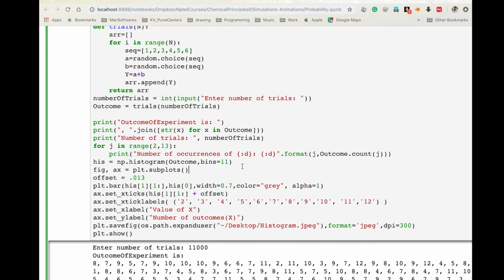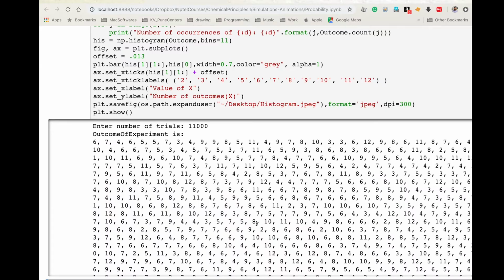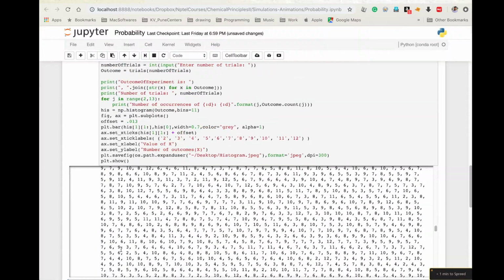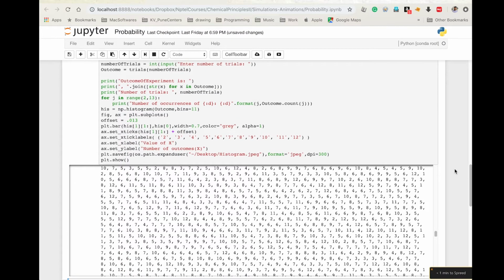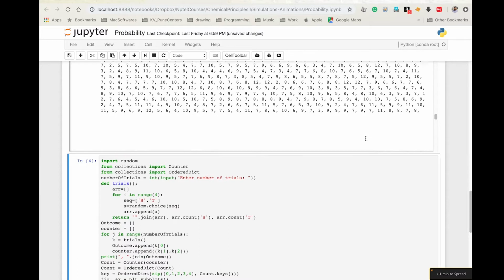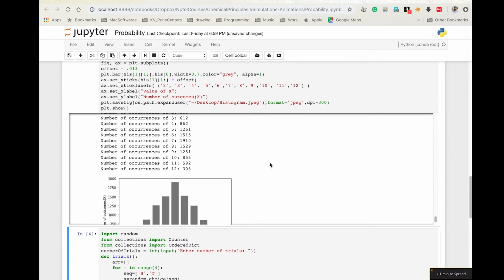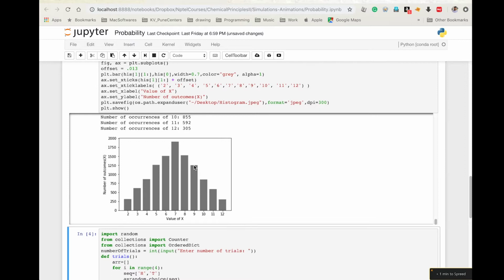I ran the program now, and let us calculate the probability. And you see the number of occurrences has been given here.